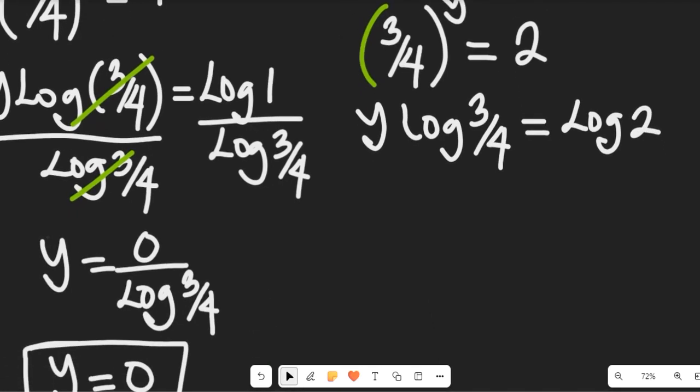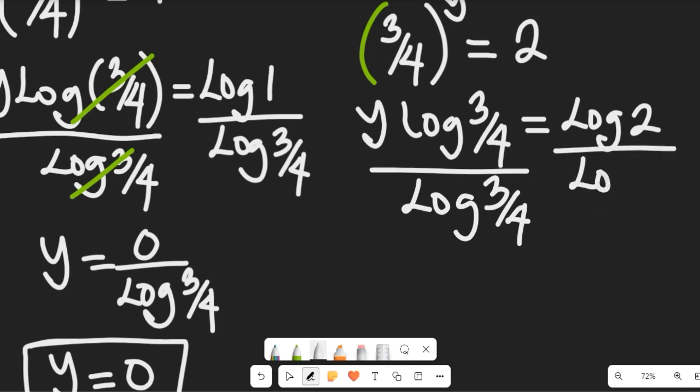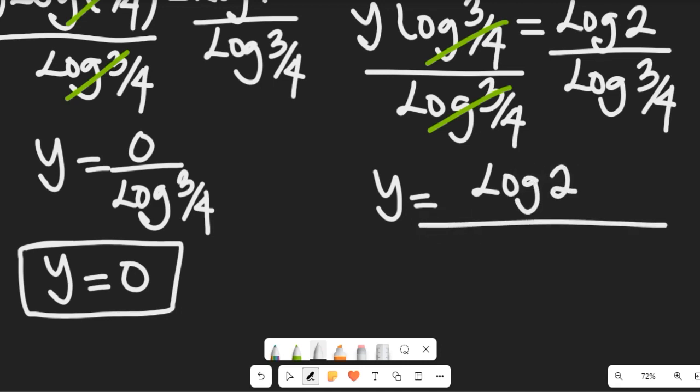So from that expression, if we divide both sides by the log of 3 divided by 4, this clears this, and then the value of our y will be equal to the log of 2 divided by the log of 3 minus the log of 4.